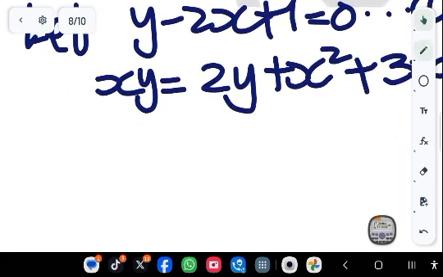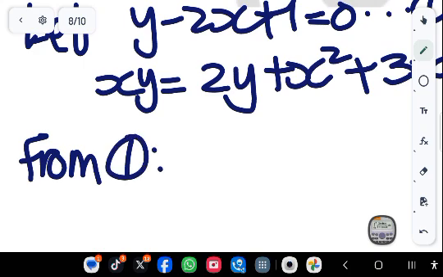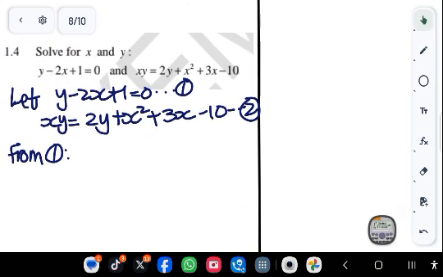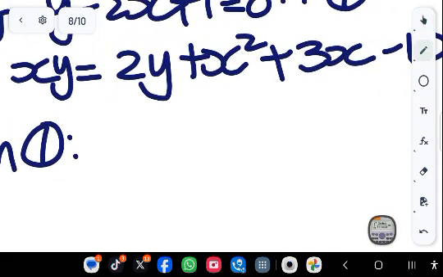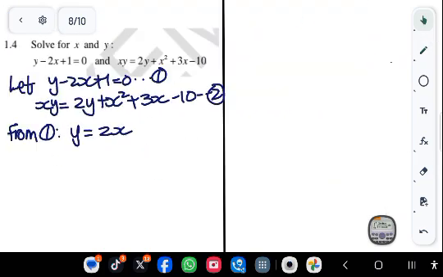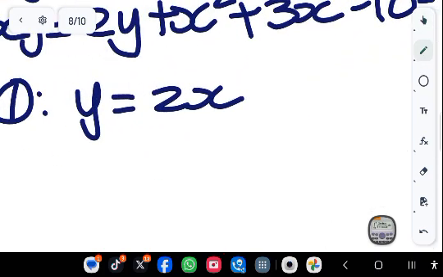All right, so now from equation 1, the goal is to express any of the equations, the simplest, as one variable in terms of the other. In this case, we're going to have y in terms of x. So that will be y equals, take everything to the right hand side, 2x minus 1.